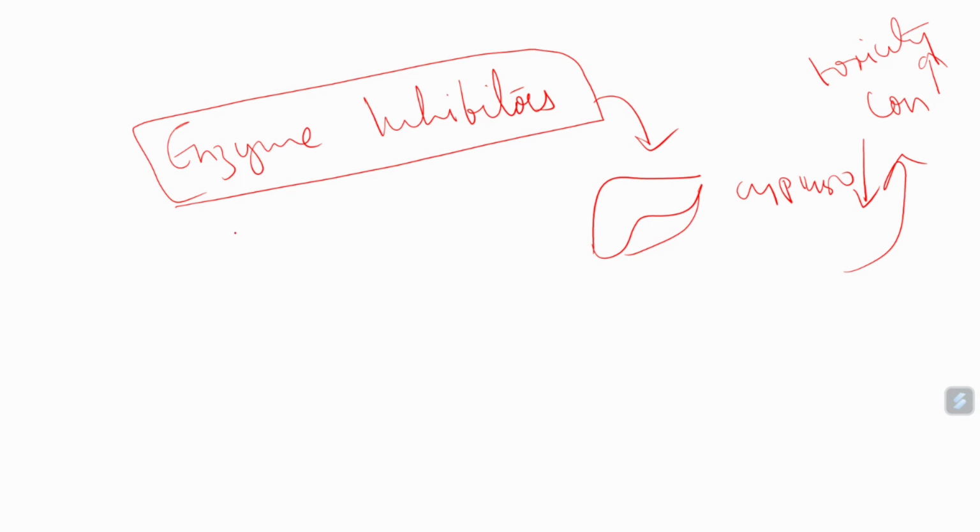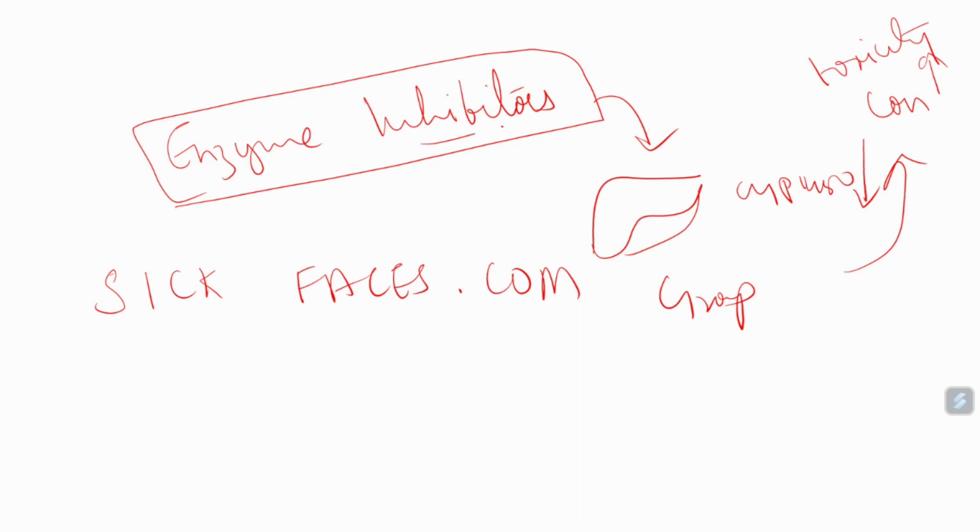Can anyone tell me examples of enzyme inhibitors? Always remember, the SICKFACES.COM group is the mnemonic for enzyme inhibitors. S indicates sodium valproate. I indicates isoniazid.